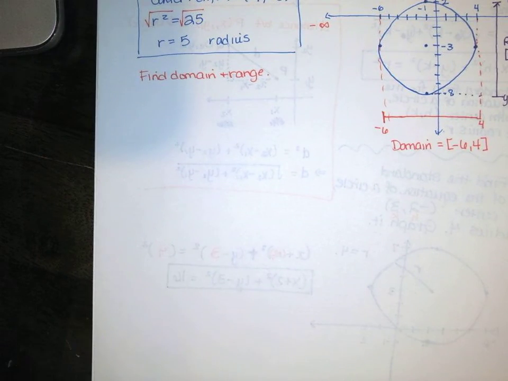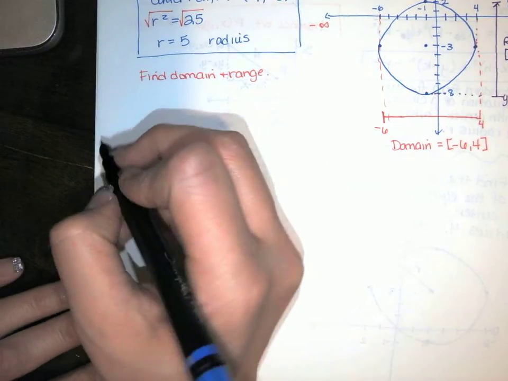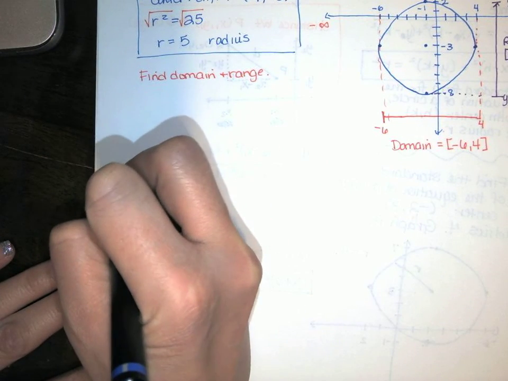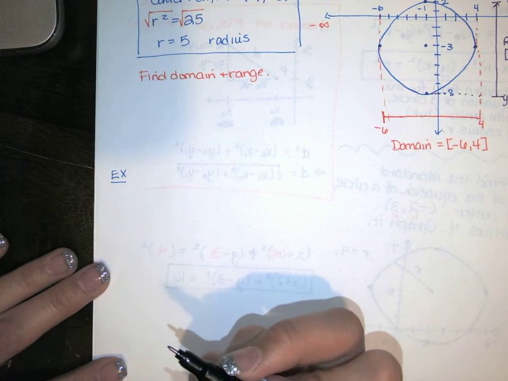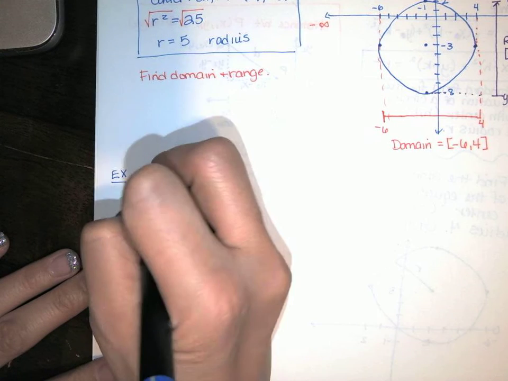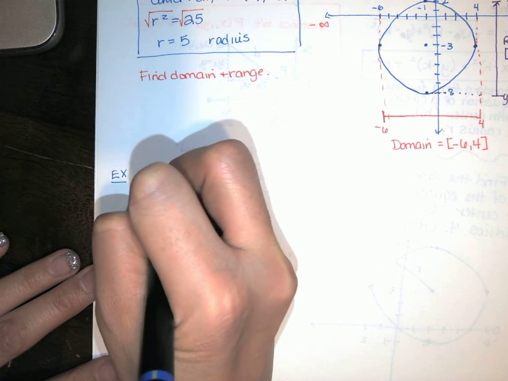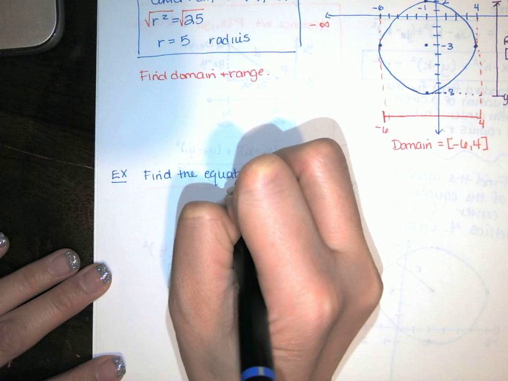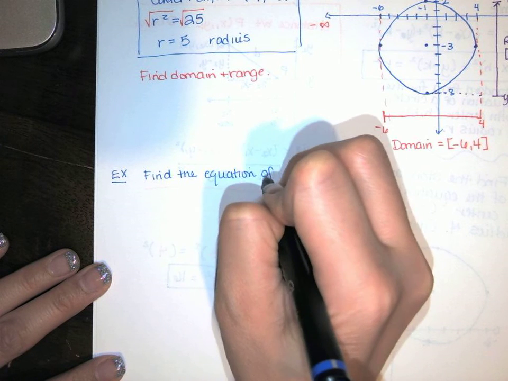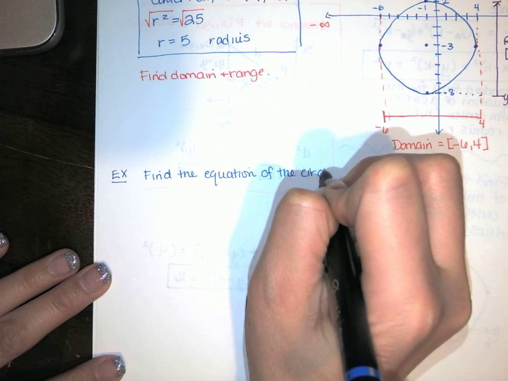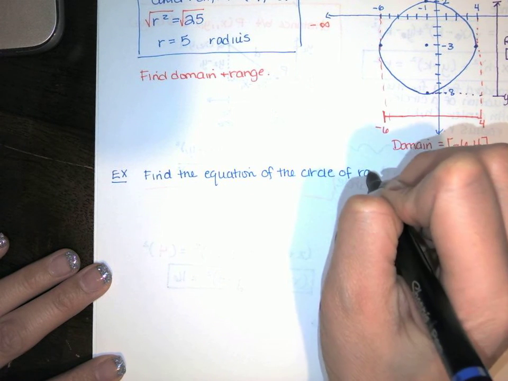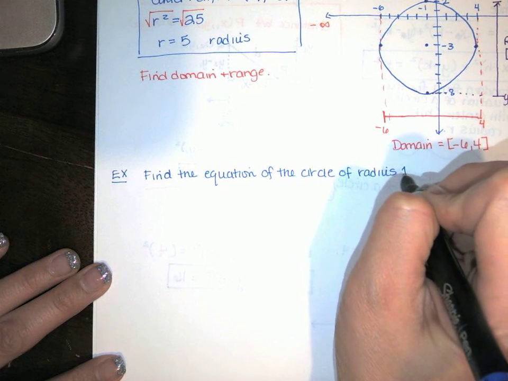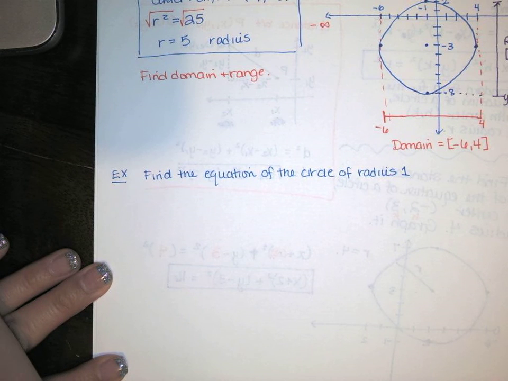Now here's another one that's kind of interesting. Sometimes textbook authors and homework platforms might ask you to do something like this. They might say, find the equation of the circle of radius 1 that basically started at the origin.